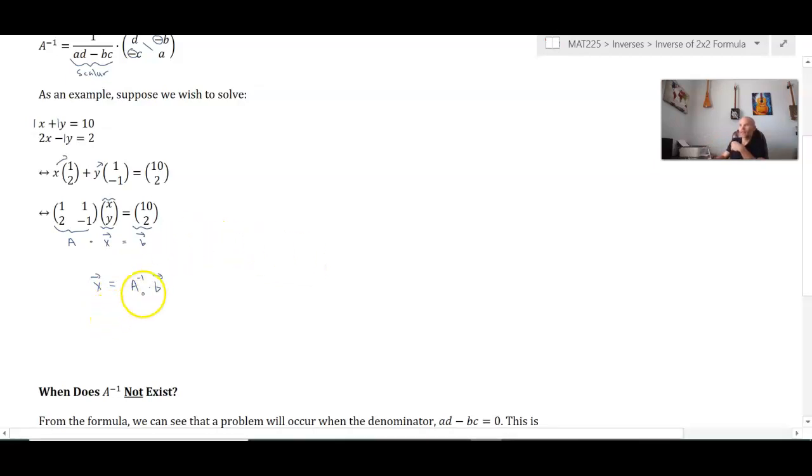So let's calculate A inverse here first before we plug it in, and that's going to be 1 over ad minus bc times the matrix where these two components get switched, the d and the a, and then we negate the b and negate the c and leave them in place.